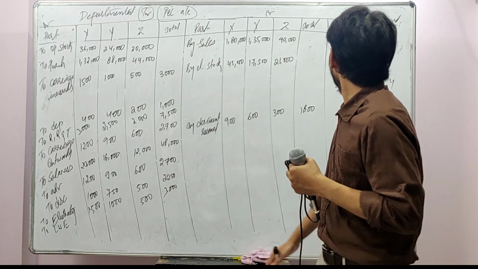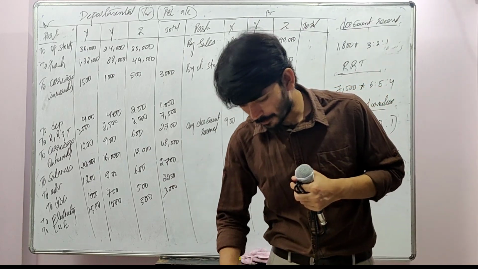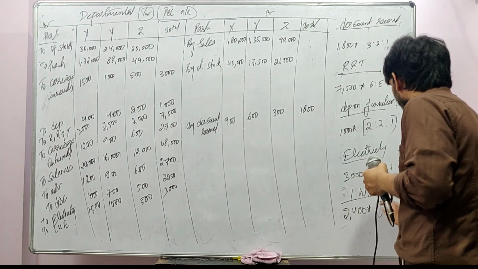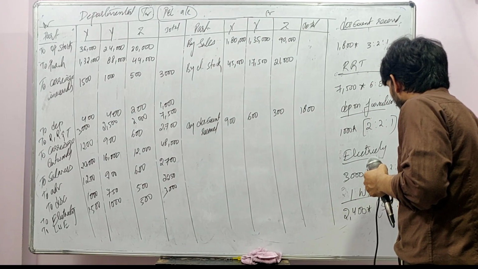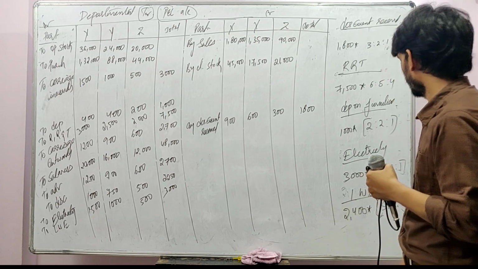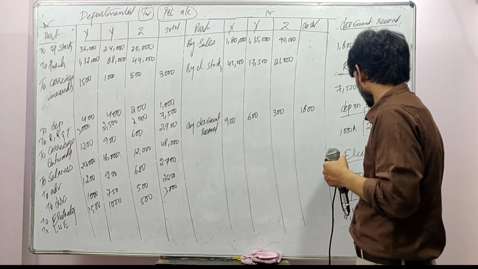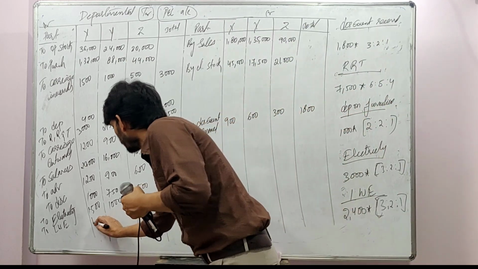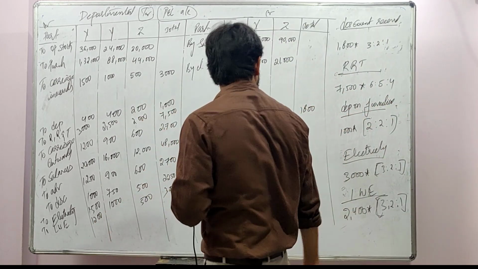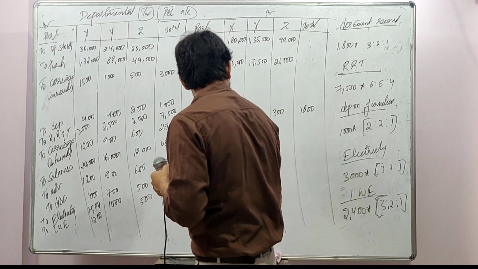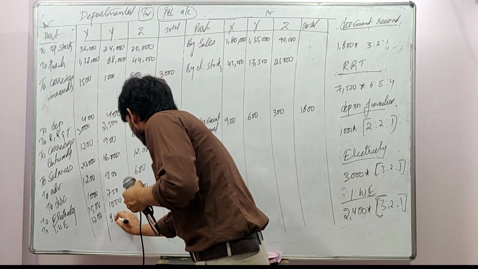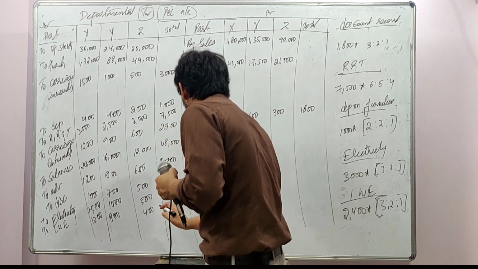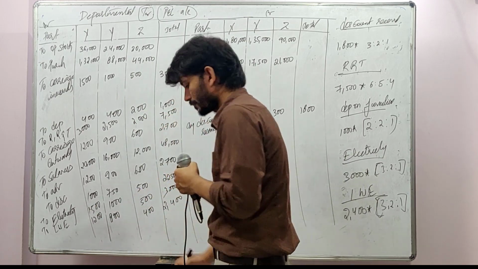Okay, so number of employees 3:2:1. 6. 1200. 4. 800. 400. 12, 24. Yeah. 2400.